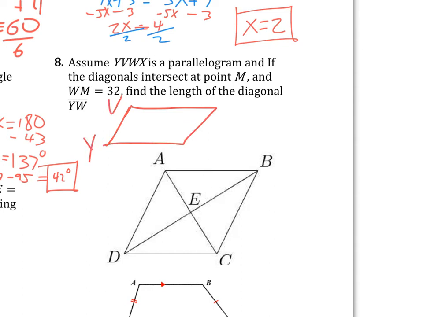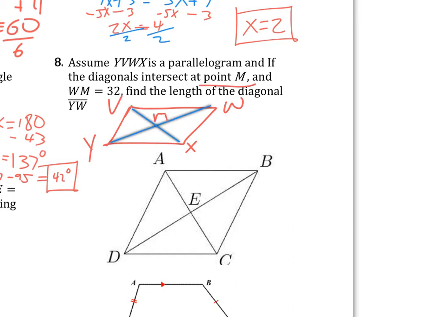Y, V, W, X, going around in order that way. And we've got 2 diagonals, something like this. They intersect at M, the midpoint M.